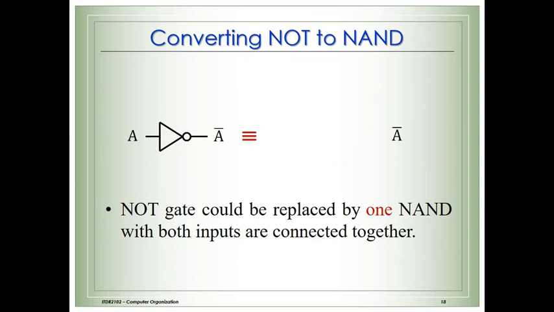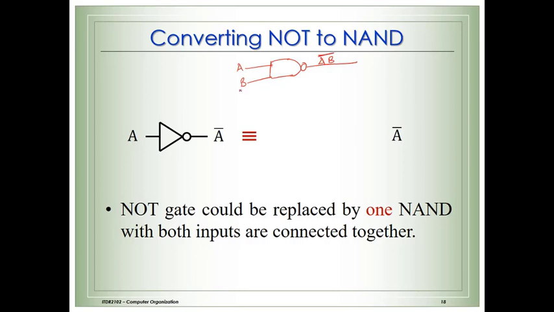So how do we convert NOT to NAND? This is our NOT, correct? So how can we convert this NOT to NAND? We know how we represent NAND, by using this symbol with a circle, and here A and B, so we have (AB) whole bar.